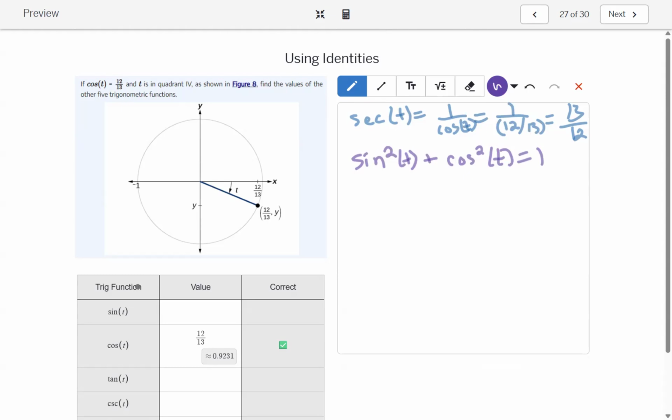So they told me cosine is the same as 12/13. So I'm going to make that substitution. I'm going to put 12/13 in place of the cosine. But that cosine is still being squared. I still have sine squared of t, and this is all equal to 1.